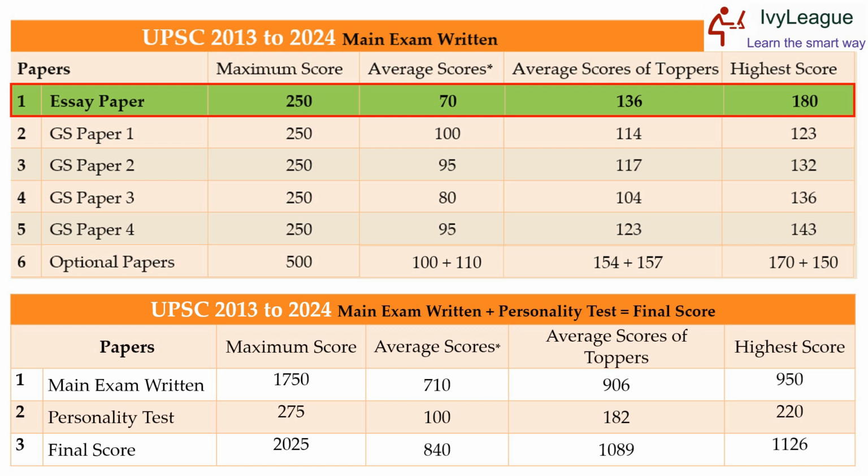So if you look at the marks which students get in case of interview, then average marks of well-prepared students is somewhere around 100. But this score can go as high as 182. So there's an 82 mark edge which you can get in case of your interview also.